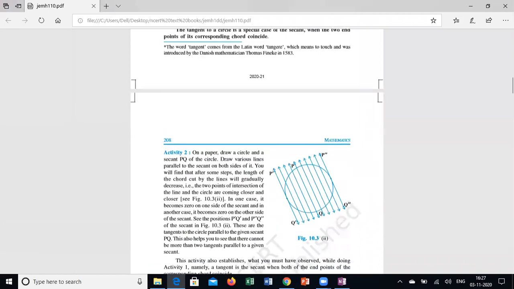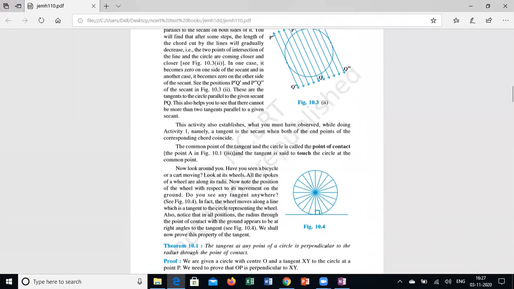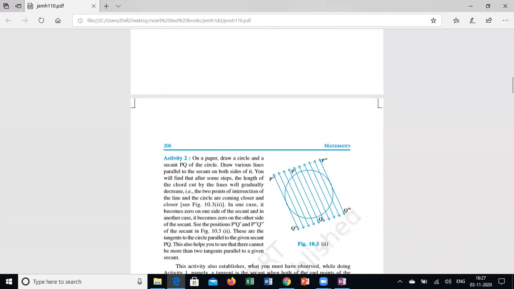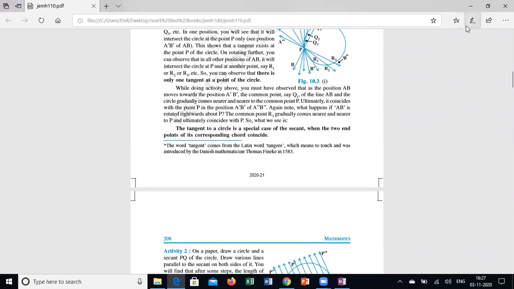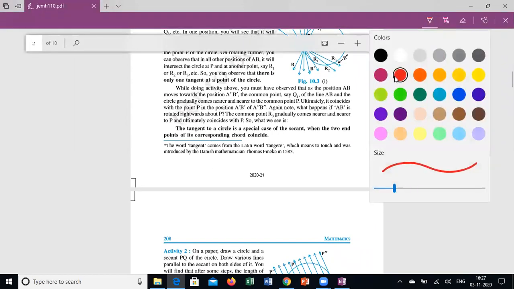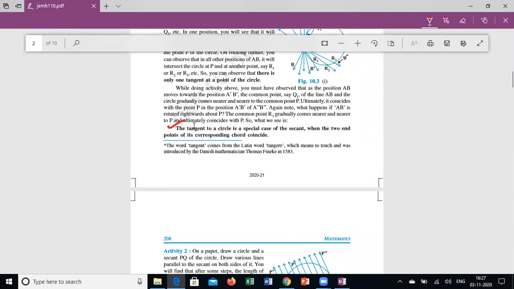So now how can you define a tangent? Anyone can define a tangent? Sandhya? Sir, a line which touches the circle at only 1 point. Yeah. Or one more definition: a tangent to a circle is a special case of the secant when the two end points of the corresponding chord coincide.